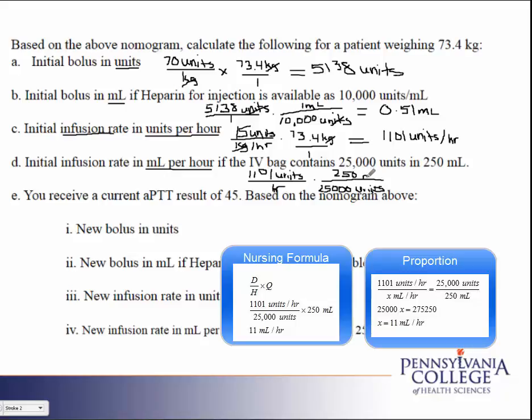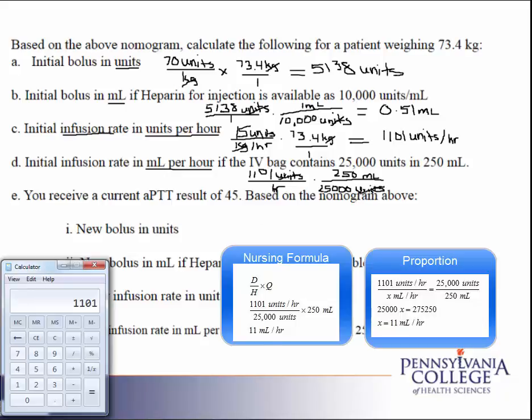And again, you could set this up using a proportion or using the nursing formula. Any of those would work. So units cancels. My remaining label will be milliliters per hour. So I go to my calculator. I already have the 1,101. So I will multiply that by 250 and divide that by 25,000.